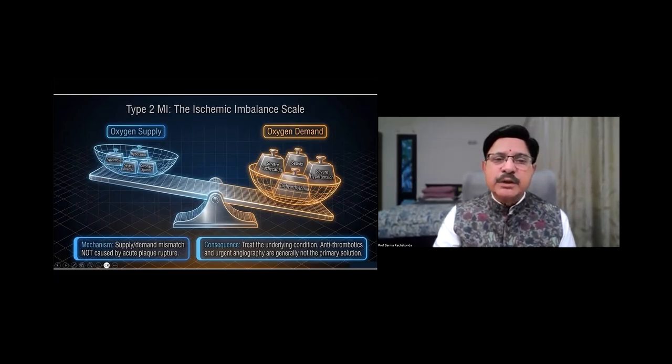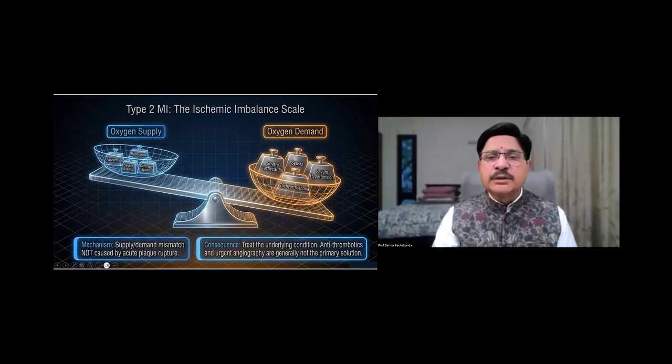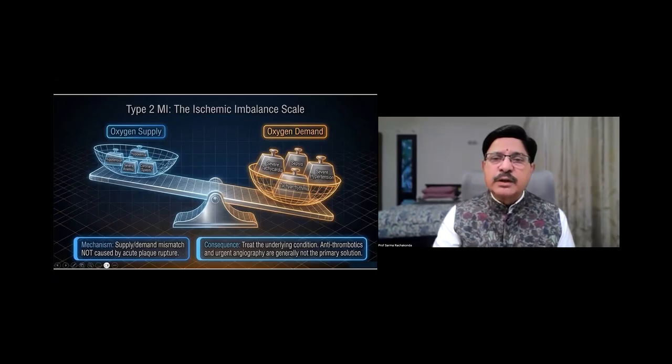Now, the treatment is not angiography. Correct the anemia by blood transfusion to start with, and maybe other measures. Vasospastic angina, the Prinzmetal angina, also coronary spasm, produces less oxygen supply. Oxygen demand goes up in sepsis, tachyarrhythmias, severe hypertension, tachycardia.